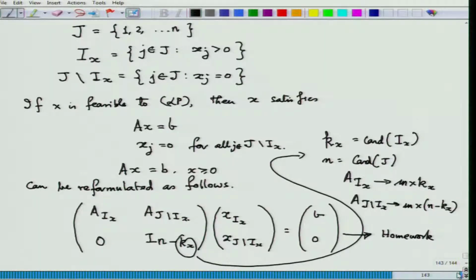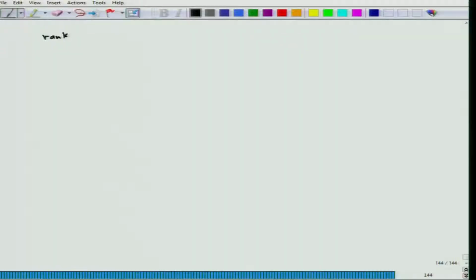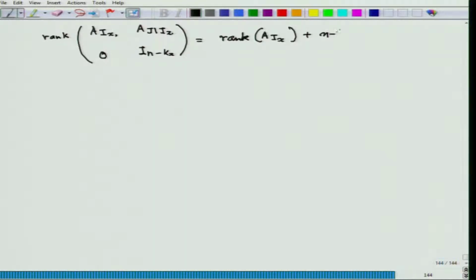Now, once we know this notation, we have the following: the rank of [A_Ix, A_(j minus Ix), 0, I_(n minus kx)] is the same as the rank of A. Why?